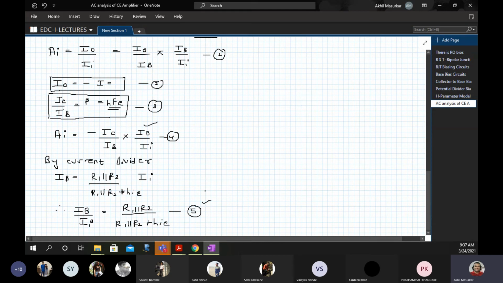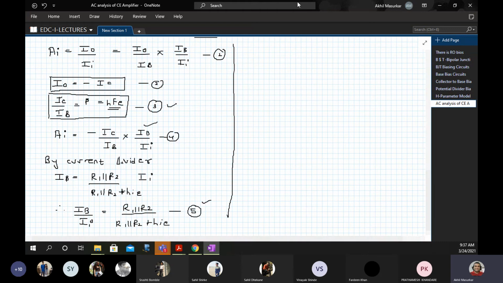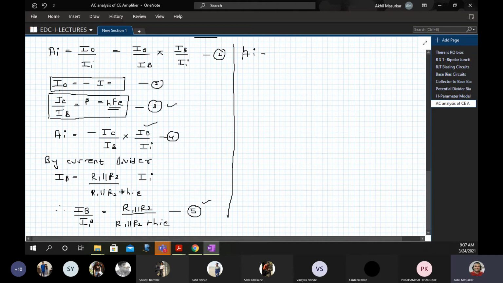So you can put 5 and 3 in 4. So we will get AI is equal to minus HFE into IB upon II, which is R1 parallel to R2 upon R1 parallel to R2 plus HIE.